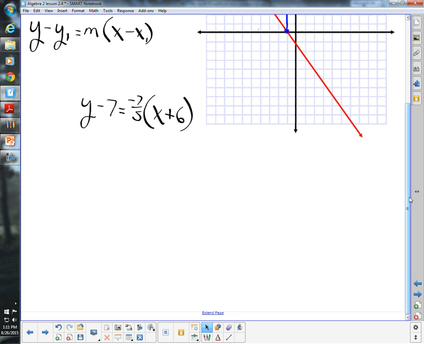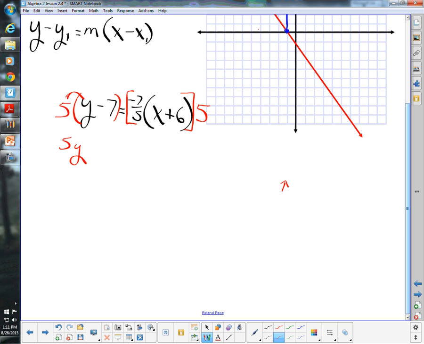I'm going to multiply the front by 5. I'm going to multiply this back by 5. Okay? Why 5? Because the bottom number right here is a 5. All right. Now, go ahead and do that. On the front, we'll do 5 times y is 5y. 5 times negative 7 is minus 35.